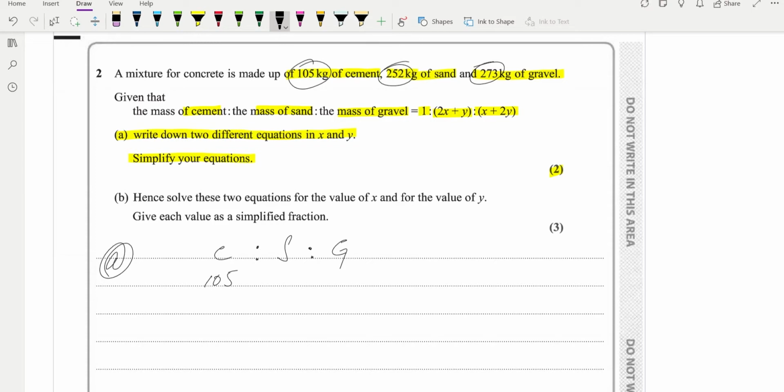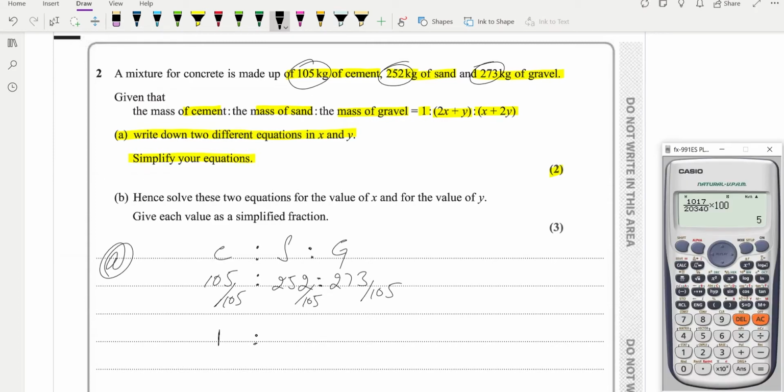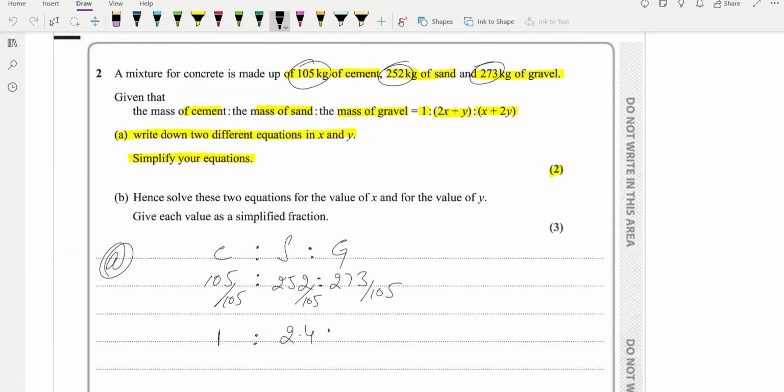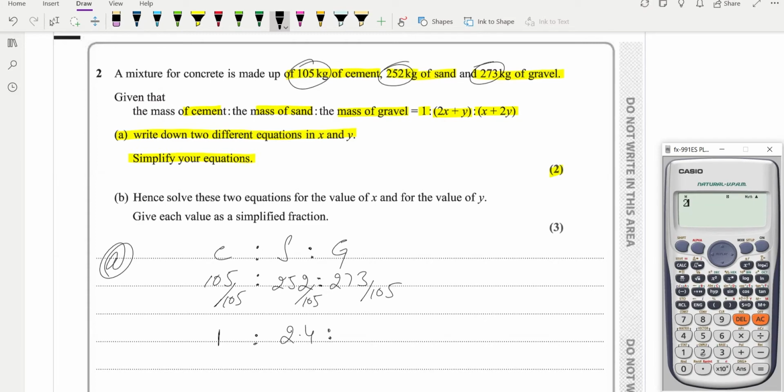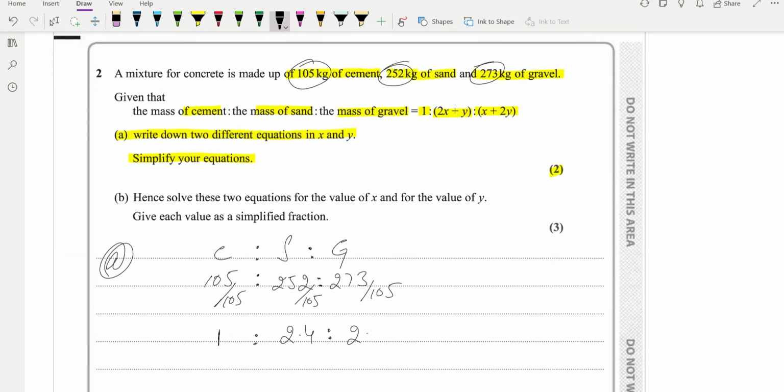So 105 ratio 252 ratio 273, this is the ratio, and now we can simplify by dividing everything by 105. 105 divided by 105 will be 1, 252 divided by 105 will be equal to 2.4, and 273 over 105 will be equal to 2.6.